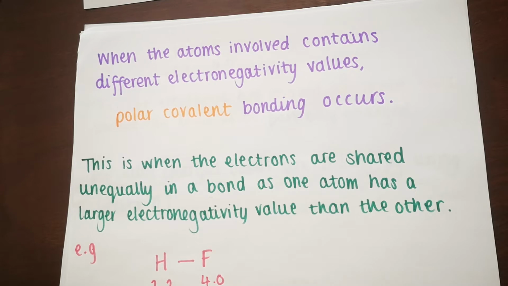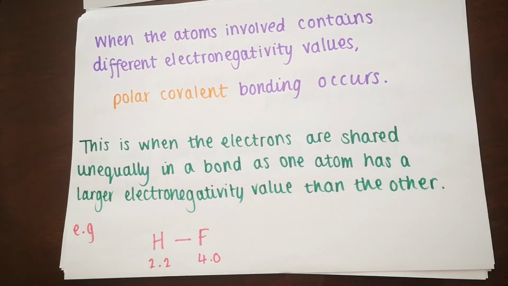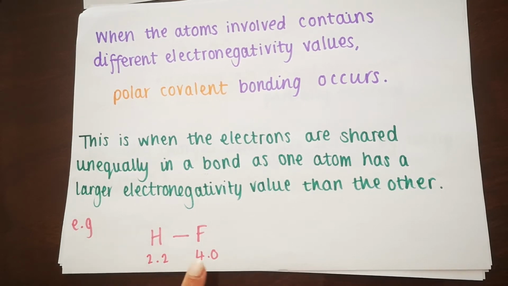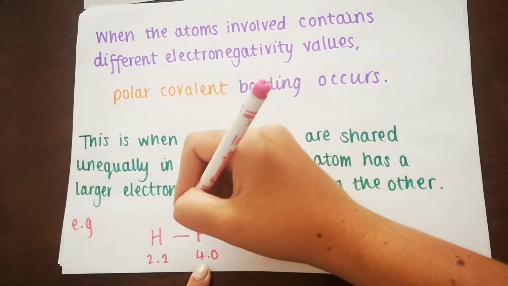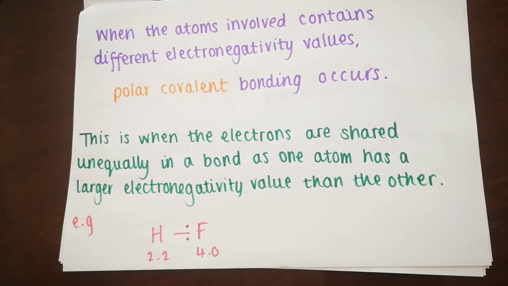So the atom that has a larger electronegativity is going to pull the electrons closer to itself. For example, HF, fluorine and hydrogen. Hydrogen is 2.2, fluorine is 4, so your electrons are going to be pulled closer to the fluorine because this has a higher value.